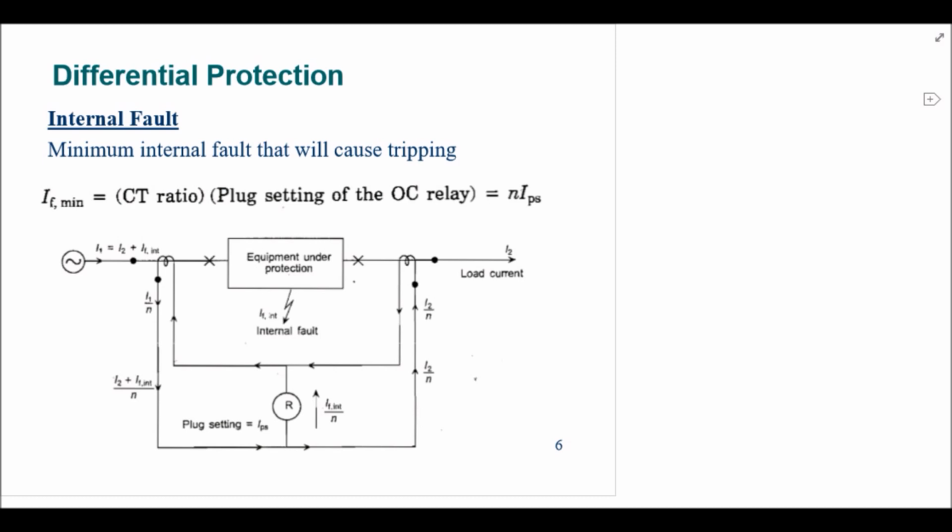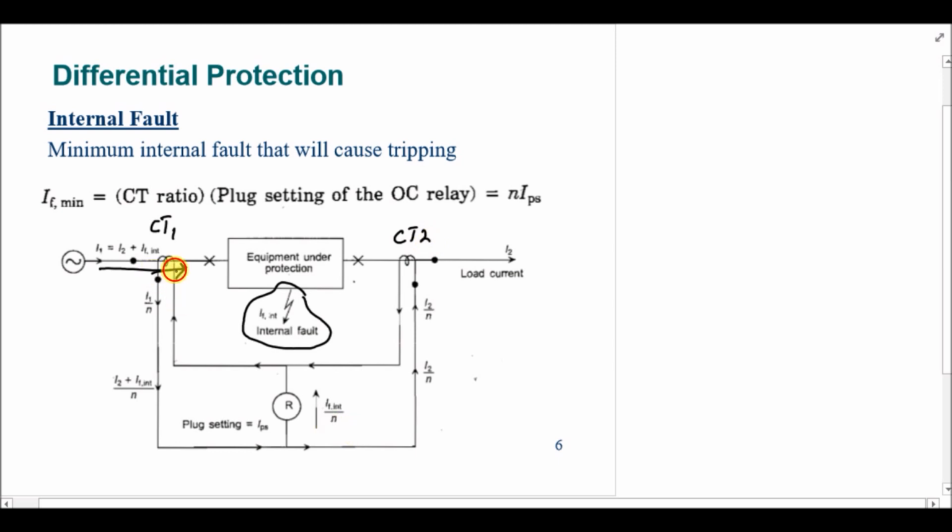Now suppose we have an internal fault. There is a fault that has occurred in the equipment for which we are providing the protection, and in this case we have the current I1 flowing through the first CT. This is CT number 1 and this is your CT number 2.